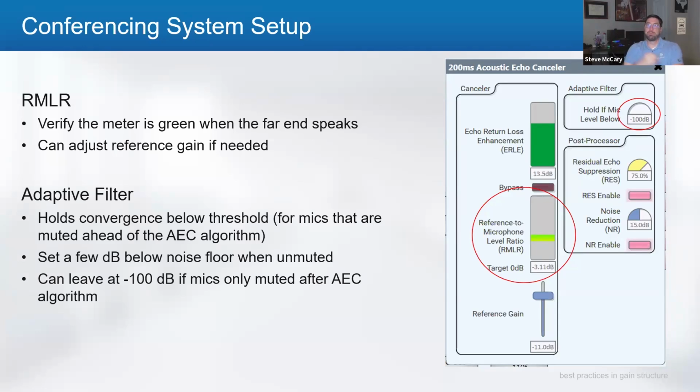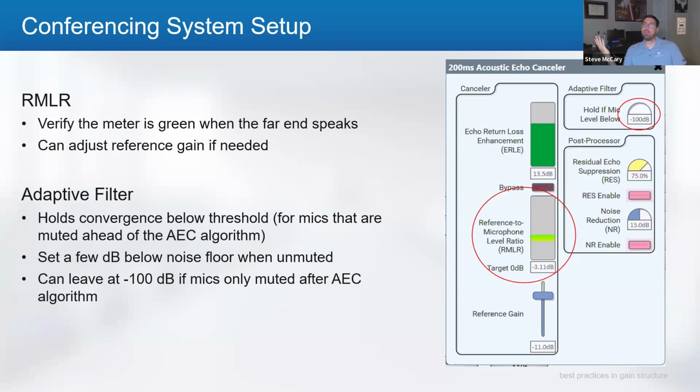The adaptive filter. One of the things that we recommend when you're doing AEC is that if you need to mute the microphone, do that after the AEC. The reason is that if you mute the microphone before the AEC, so if you actually mute it in the actual microphone, the AEC will lose its convergence because it can't hear anymore.